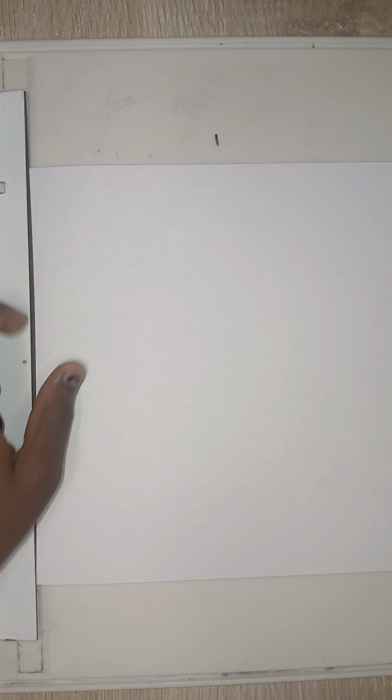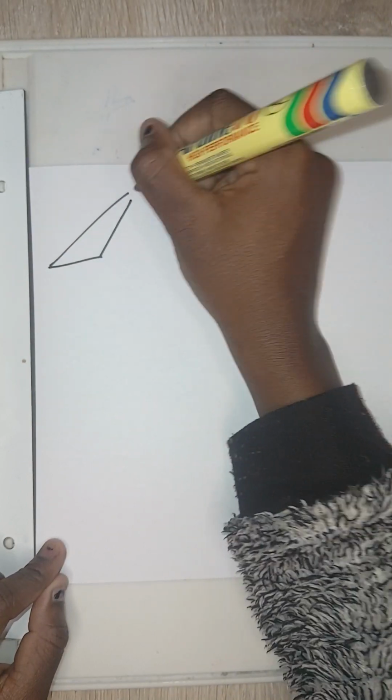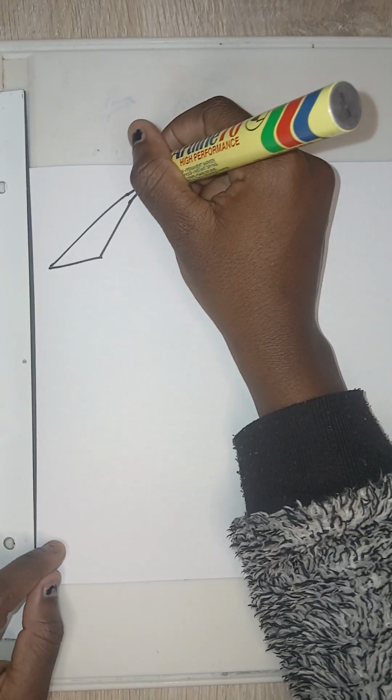We have three types of triangle in geometry. Okay, what is a triangle? A triangle is a three-sided polygon.